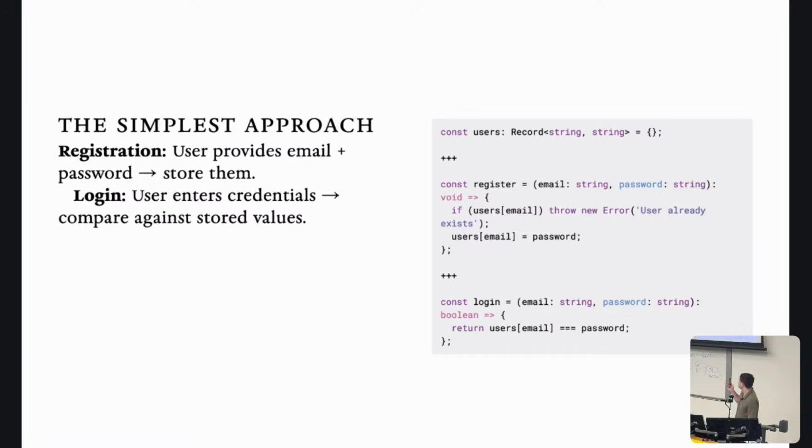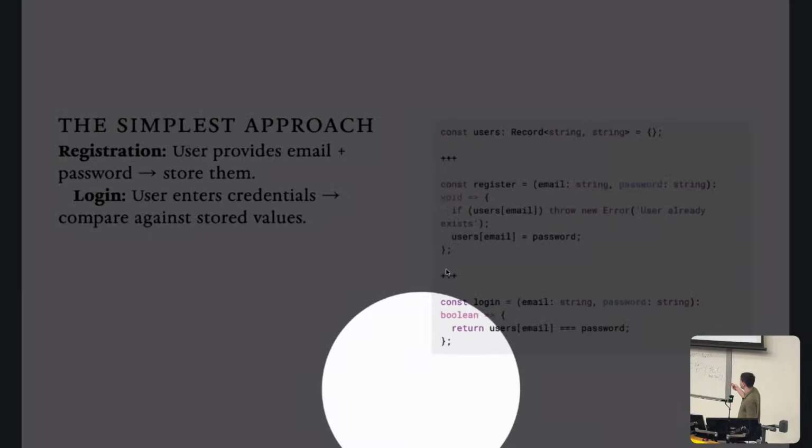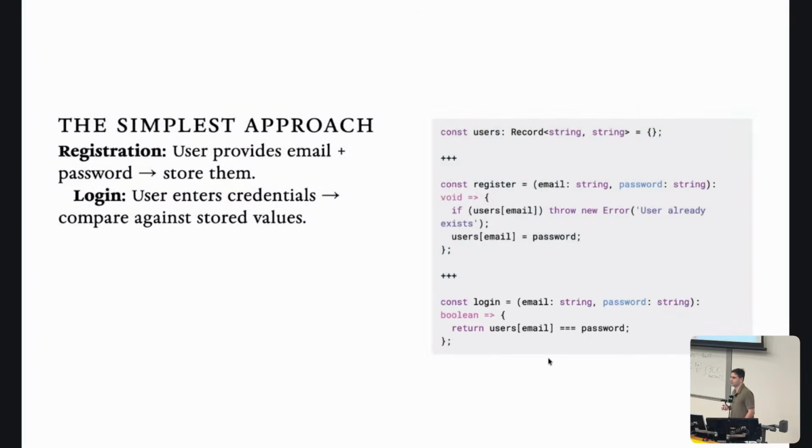So a strict check that the password matches the password, then that will get returned as true because we're returning the result of the strict equivalence check. And then something will take the output of that function and go on and say that the user's logged in. In fact, if you go back to the 80s or the 90s, this is probably what registering and login was like. But what are the problems with this code?